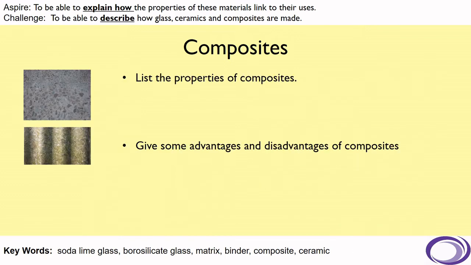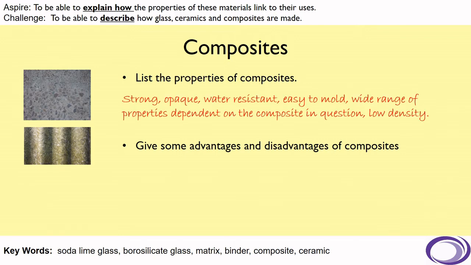Okay, so some common properties of composites. It's quite difficult for this one because there are so many different types of composites. But the general list is that they are strong, and that's due to those fibres. They are opaque, they are typically water resistant, they're easy to mould into shape, and they have a wide range of properties dependent on the composite in question.